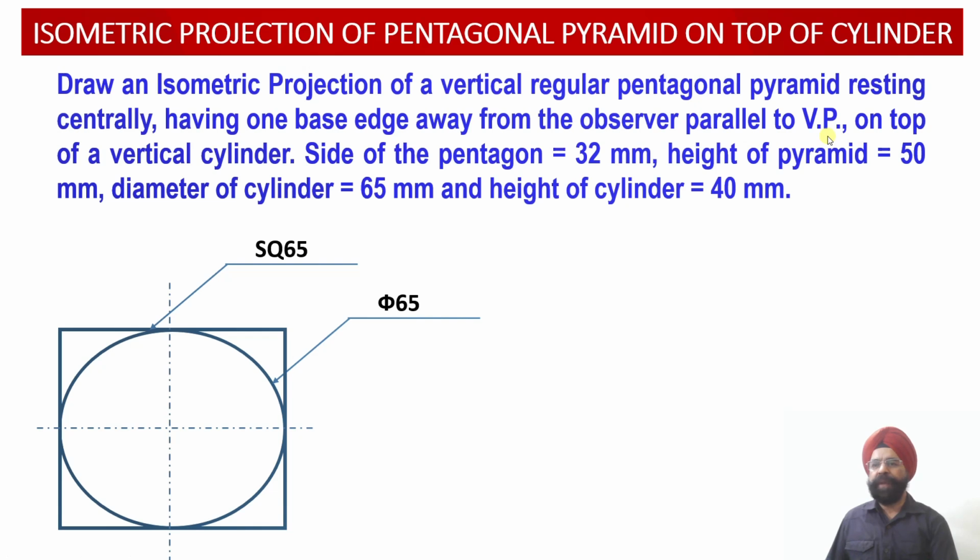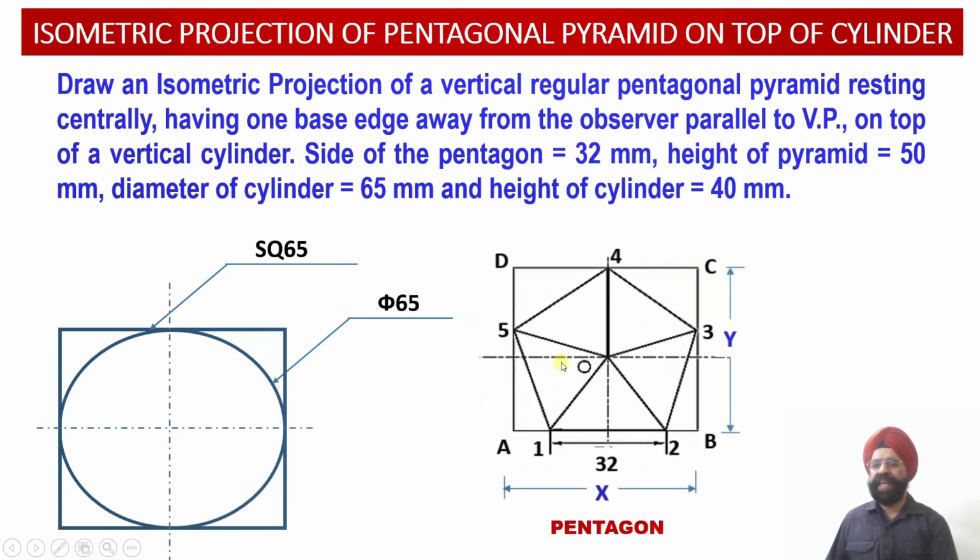And this pyramid is resting on top of a vertical cylinder, and here the edge of the pentagon is given to us as 32 millimeters. So this is the edge of the pentagon, and the height of this pyramid happens to be 50 millimeters.